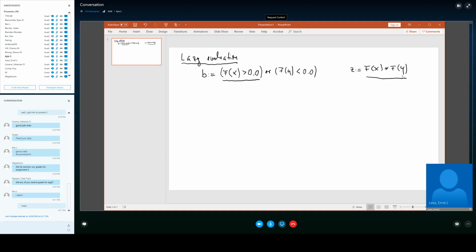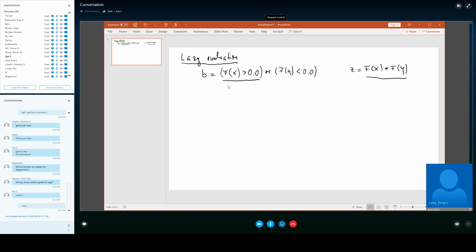The reason why this is not typically done in any compilers that I'm aware of is that the likelihood that f of x is 0 is very low. Now, if you look at the Boolean expression, b, under certain reasonable probability distributions, f of x is greater than 0 with probability 50%.